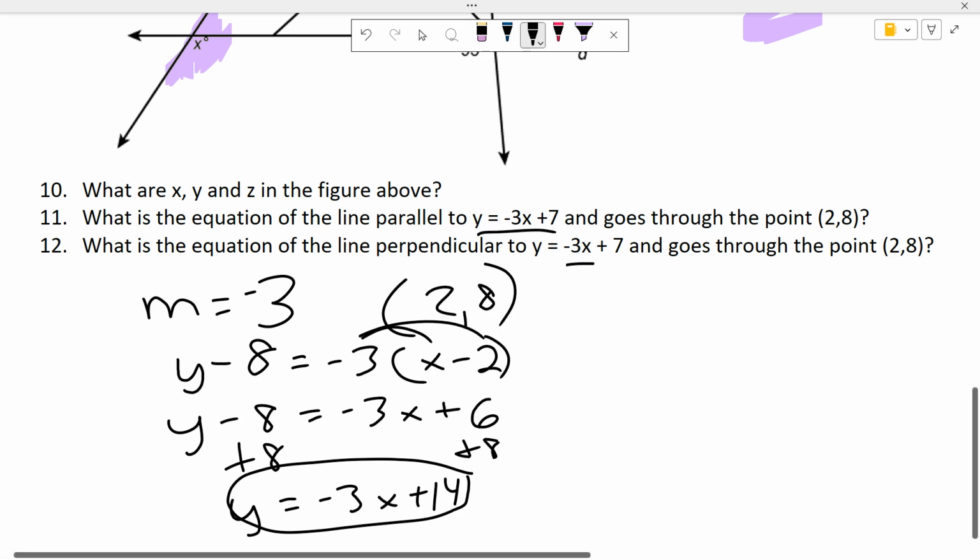If we're talking about perpendicular, my slope isn't -3. What is my slope for this perpendicular line in this case, Elliot? Perpendicular lines have what slope?